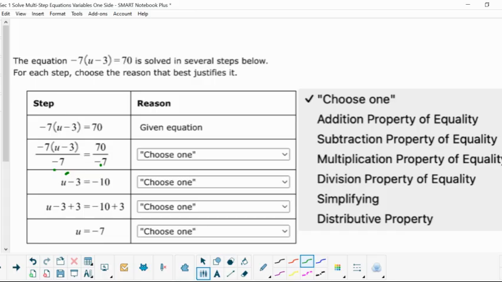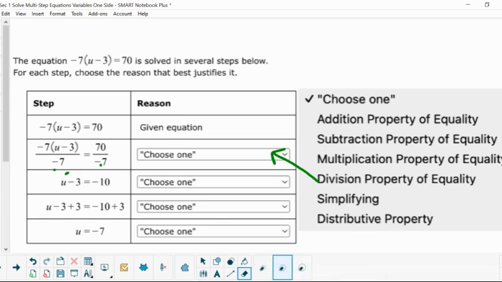So which of these would you choose to show they divided by negative 7? Say it out loud, I heard it. The division property. Does everybody agree? If they divided, you choose the division property. So you arrow to that one and pick it in the drop-down menu.